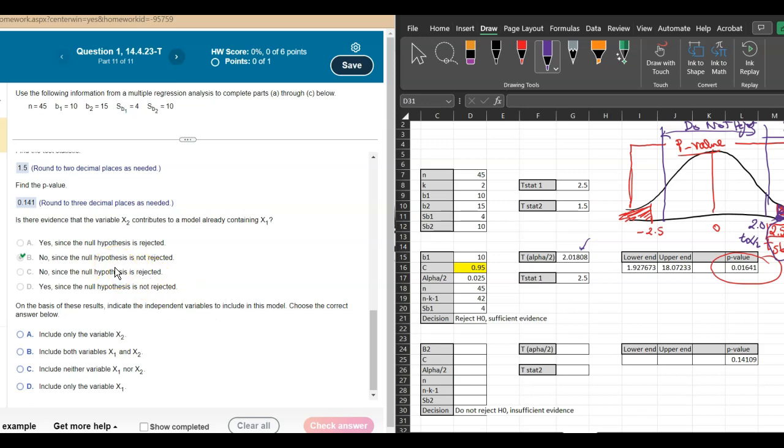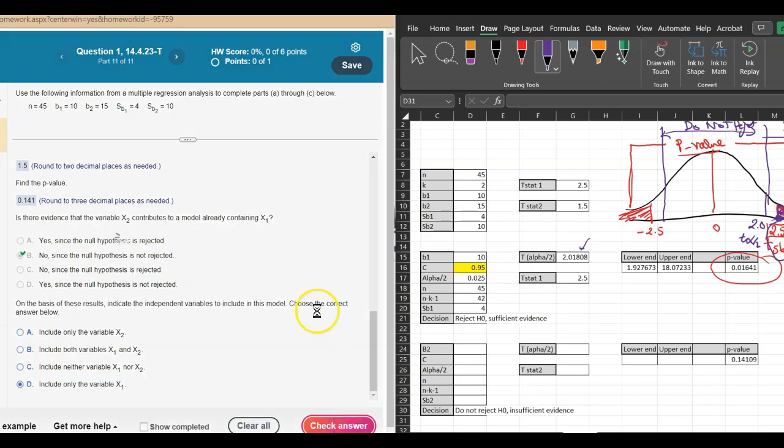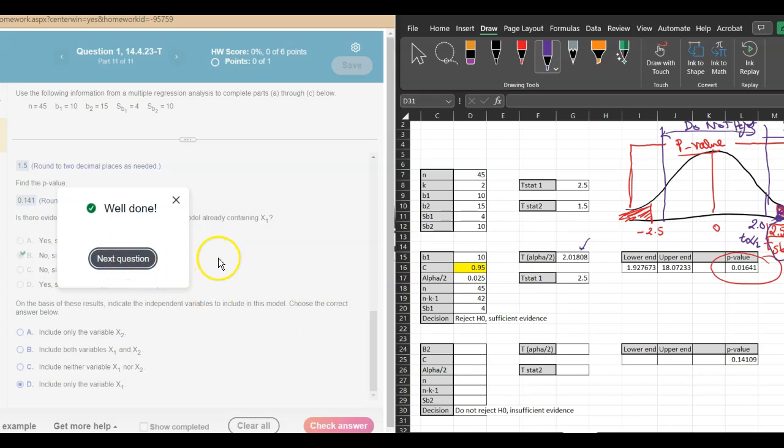So definitely we are not going to keep x2, while for x1 we reject the null hypothesis. We're going to keep only the variable x1, that is, we have evidence that the slope is different than 0, therefore it contributes to our regression, right? So here we're going to include only the variable x1, it should be D, right? Okay, all set.